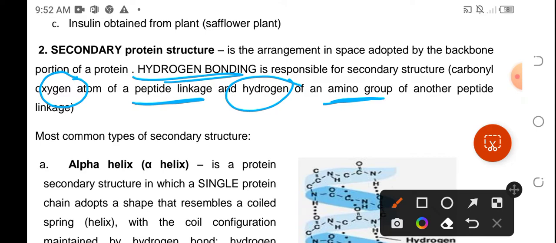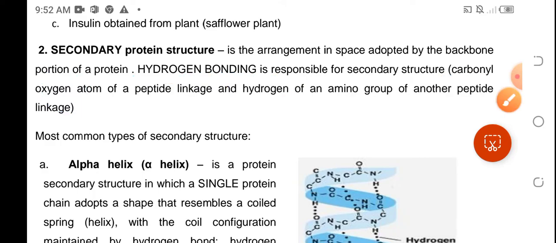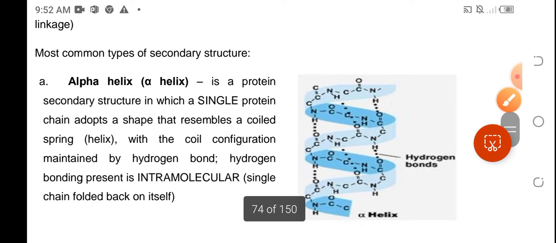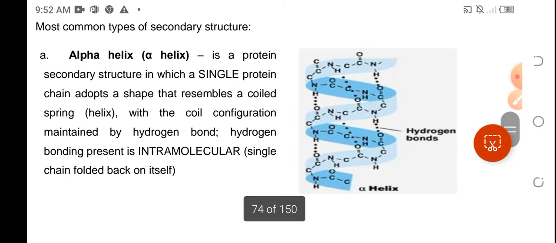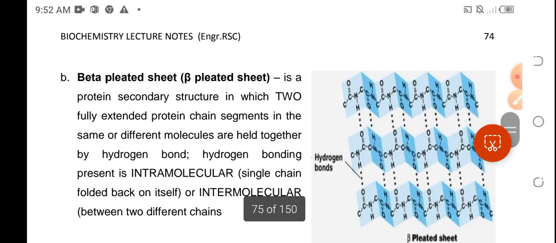Okay, so hydrogen bonding, oxygen from the carbonyl rather, and the hydrogen from the amino group of the other peptide linkage, and we have two common types of secondary structure. We have the alpha helix, parang ganito, and we have the beta pleated sheet.